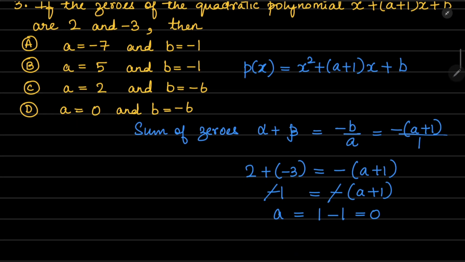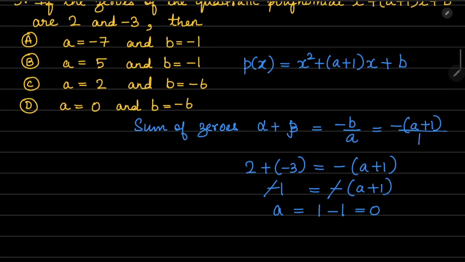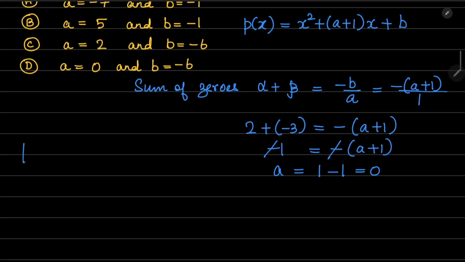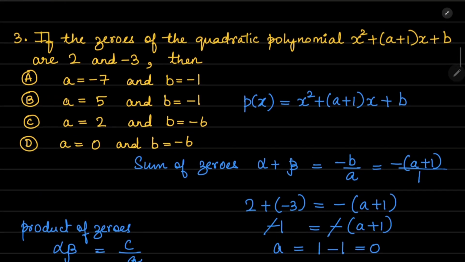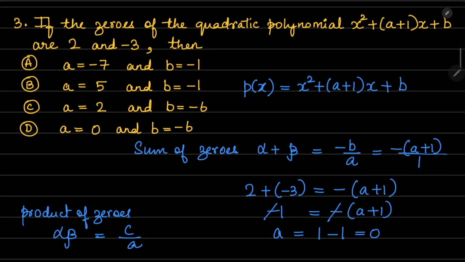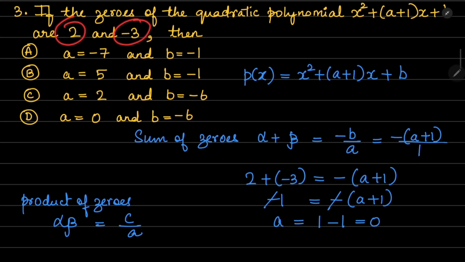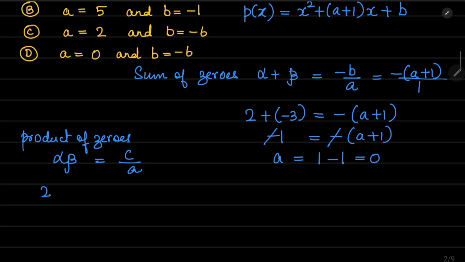But let us do the other part as well. What is the product of the zeros? So let me do it here. With respect to the product of zeros, we know the formula alpha beta is equal to c by a. What is alpha into beta? Just the product of 2 and minus 3, right? So 2 into minus 3 is equal to c by a.